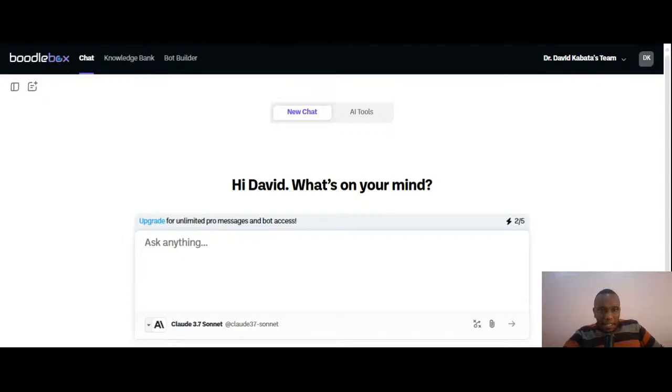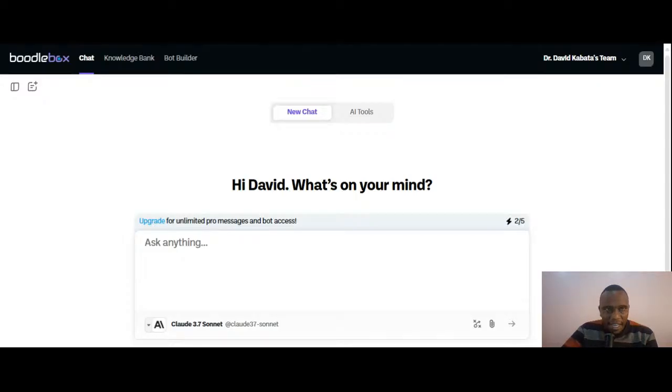So that is how you can use Boodlebox to try and see whether you can identify a research gap in our study.